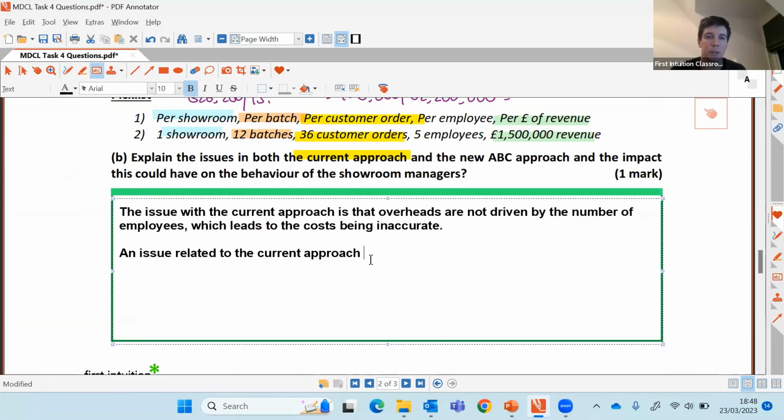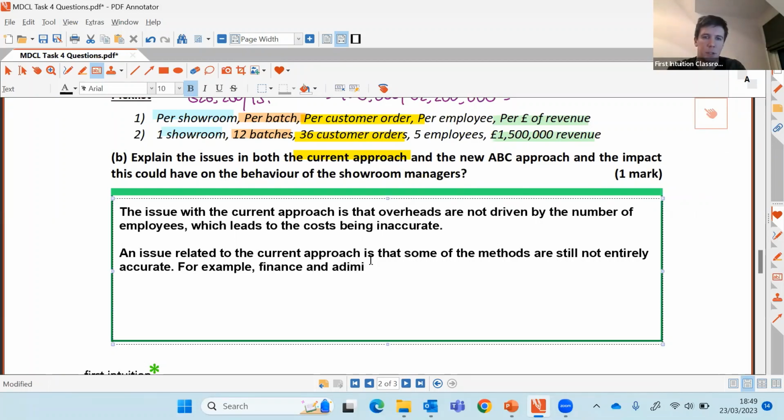Okay, so an issue with the new approach is that some of the methods are still not entirely accurate. For example, finance and administration costs.